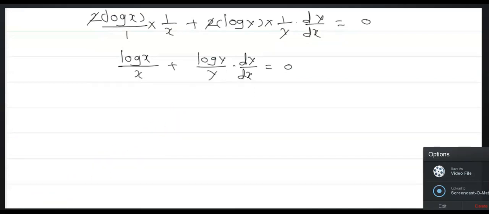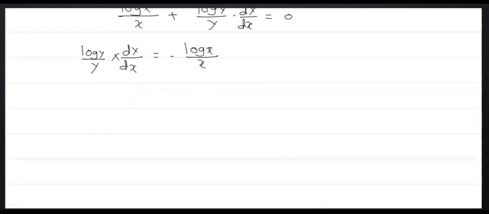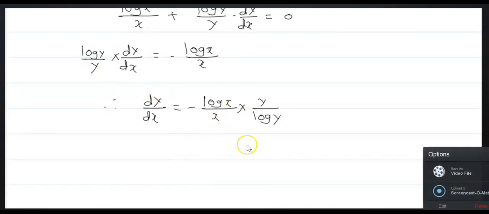Now simplify. Dy by dx is equal to minus log of x upon x into y upon log of y. Again see this one more step. Dy by dx is equal to minus log of x upon x into, this is the y and this is the log of y.